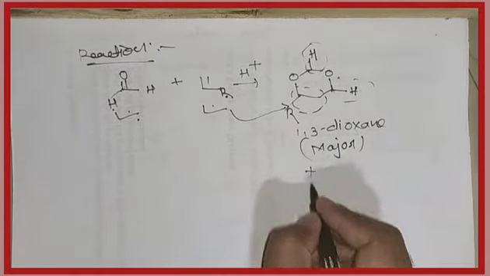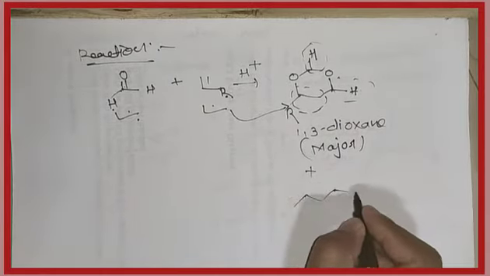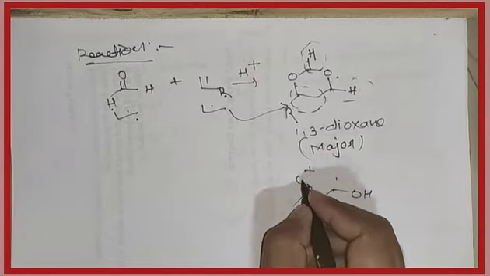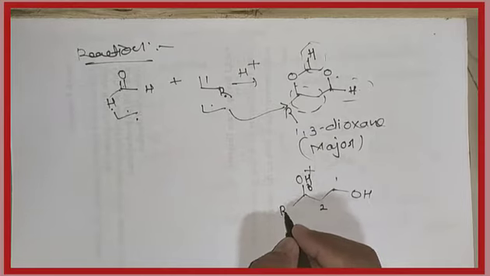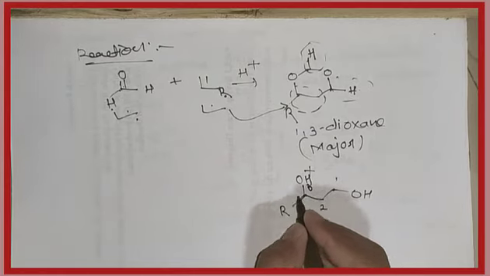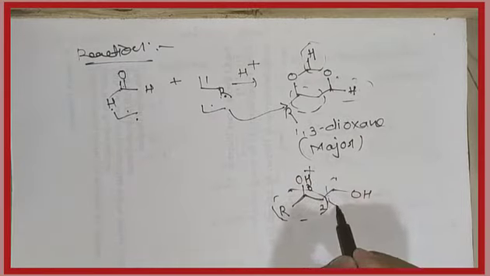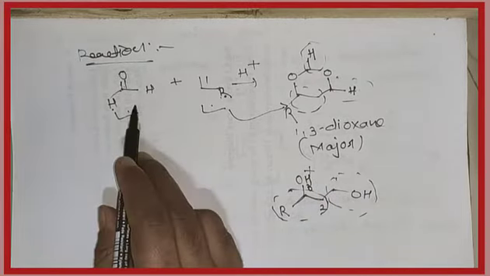The second product is like this, 1,3-diol, positions 1, 2 and 3. We can say this part comes from the alkene and this part comes from the aldehyde group.